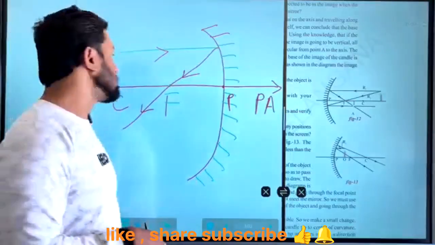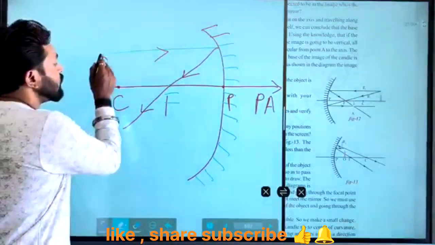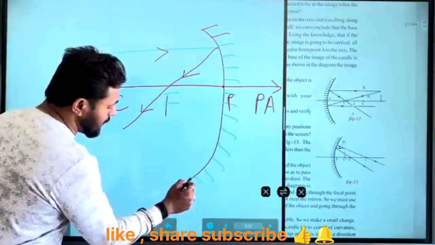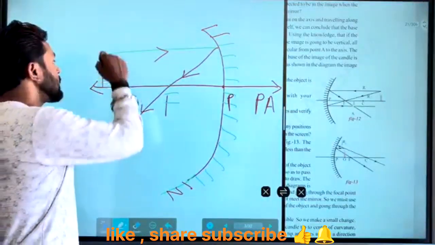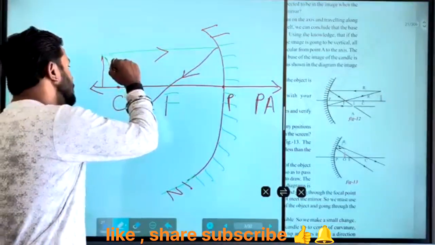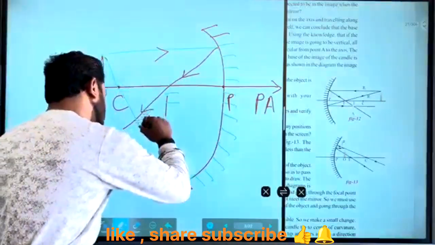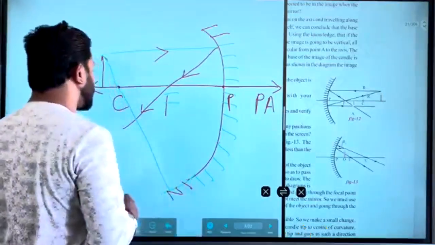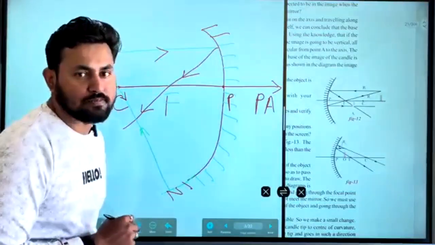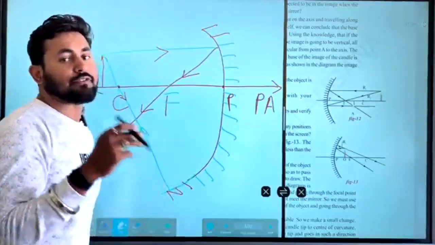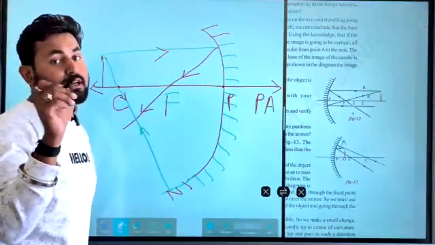Third rule says that if a ray of light coming from infinity, passing through center of curvature, after striking will retrace its path. I am drawing that line again.